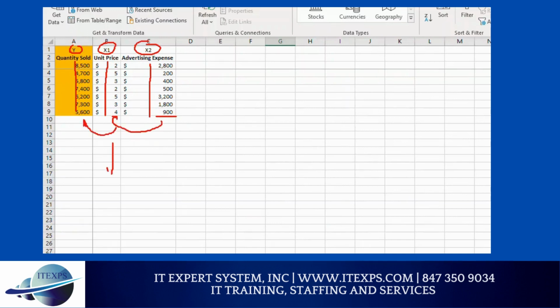Because if I lower the price, I might be able to sell more. And if I do more advertisement, I'll be able to sell more. So the number of sales depends on advertisement and it also depends on the price. So how do these two factors help you determine the number of sales?